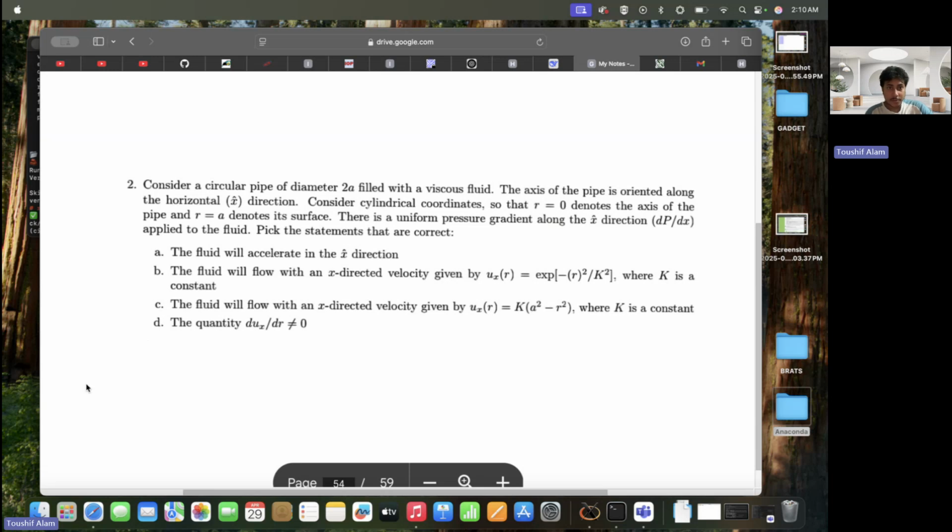The statements that are correct: the fluid will accelerate in the positive x direction; the fluid will flow with an x-directed velocity given by u_x(r) = exp(-r square by k square), where k is a constant. So you can read and understand the questions.